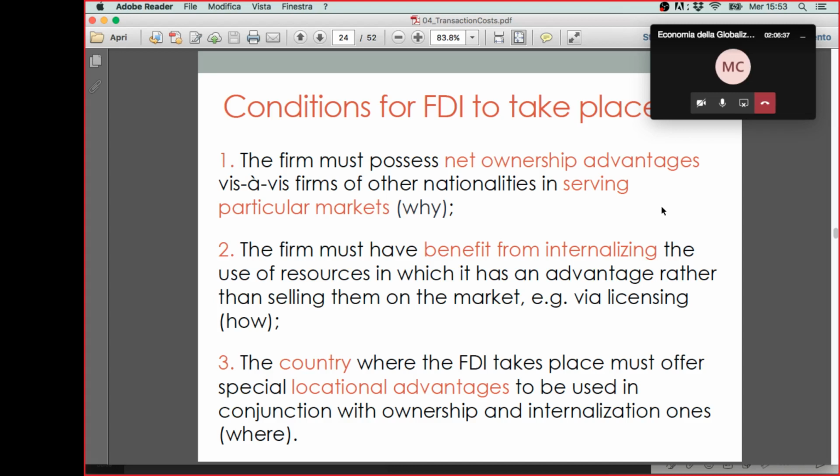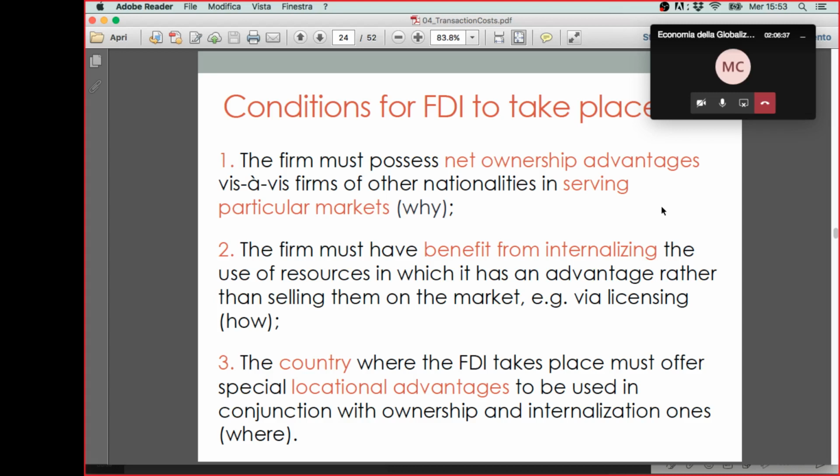Now, the second question is how you want to get control over this foreign company: simply via licensing agreements, or via foreign direct investment. Well, for foreign direct investment to take place, the firm must have a clear benefit from internalizing the use of this resource.